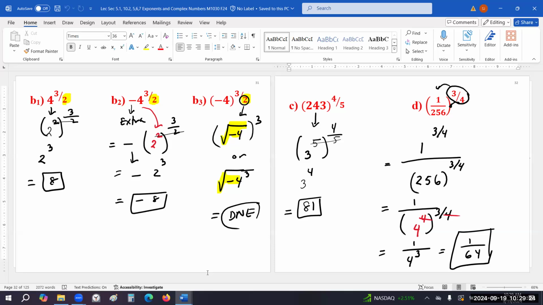Only for square root, not for cube root. Cube roots always exist. We get i when we have a square root. But if you have 4 or 6 or 8 in the denominator, we don't get i; we get something different. So we are going to learn about i later. Right now we're in 10.2. i comes in 10.7.